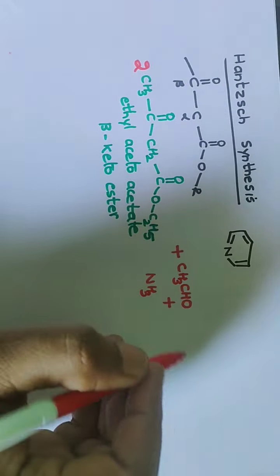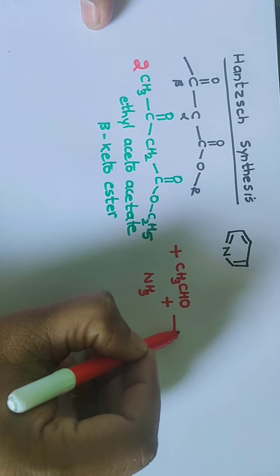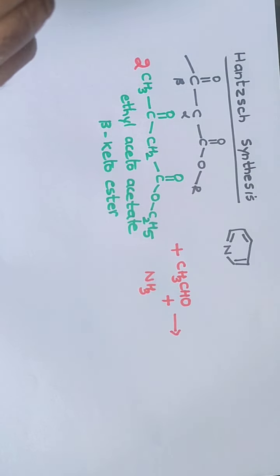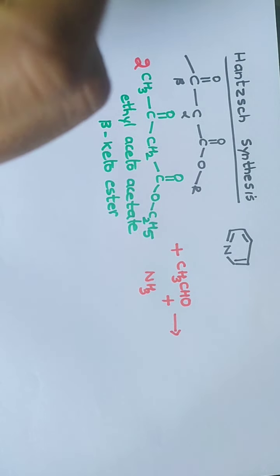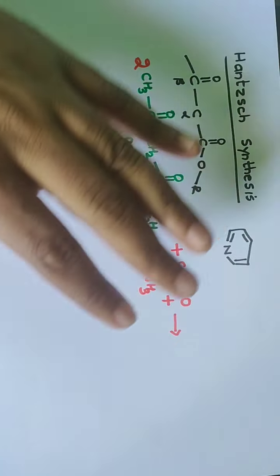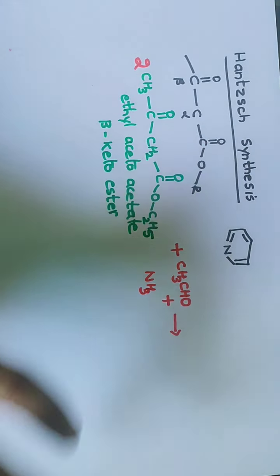Okay, so what you require is the intermediate that you are going to get here. That is what you should remember. But I will tell you how the intermediate is formed so that you will have an idea, and then I can write the intermediate easily.